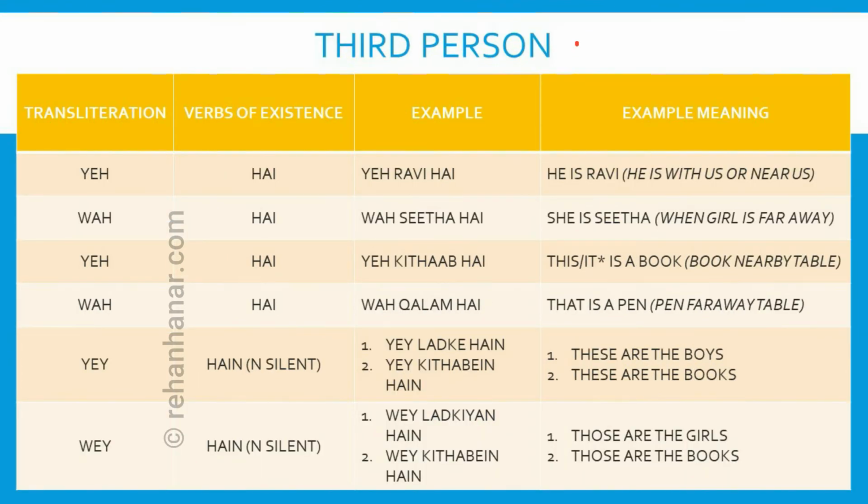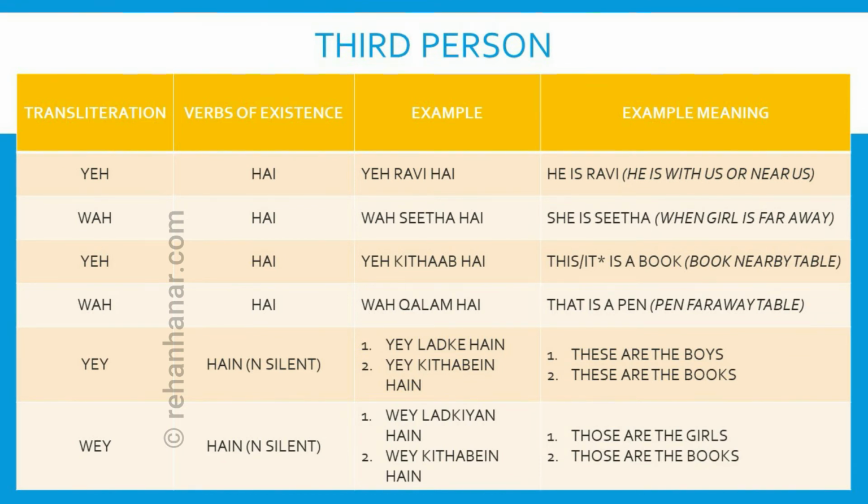And then third person, यह रवि है, वह सीता है. For the living beings.